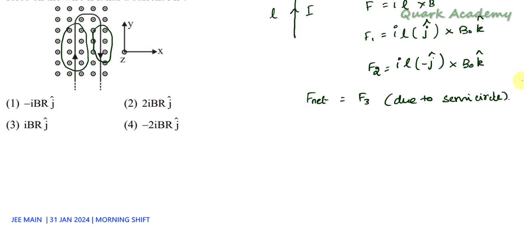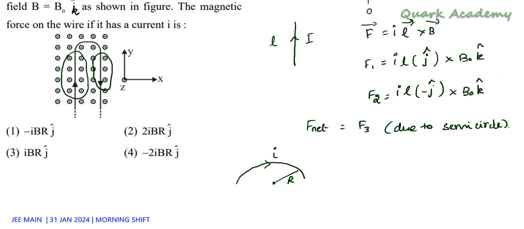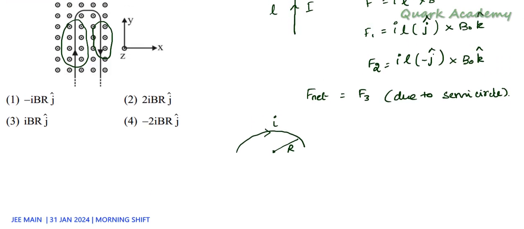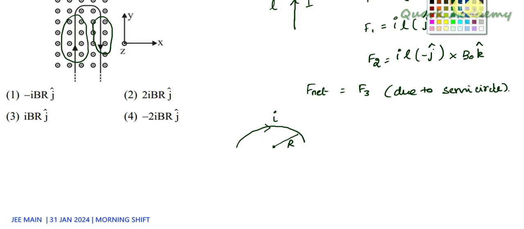If we have a semicircular portion, something like this, whose radius is R, and let's consider the current as I, placed in the external magnetic field, now we want to find the force on it. We know how to calculate for a straight wire, but for the semicircular portion, we can consider this as a straight wire and then find the force.